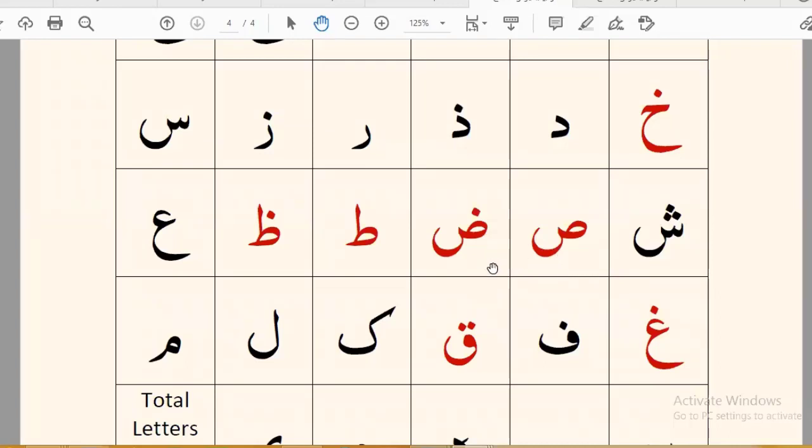There's a dot above Dod. Yes, well done. There's a dot on top of this, so that's how you can differentiate between the two letters. Sod doesn't have any dots and Dod has one dot, and that's found on top of the letter. Brilliant, well done. Let's carry on. This is Ta.